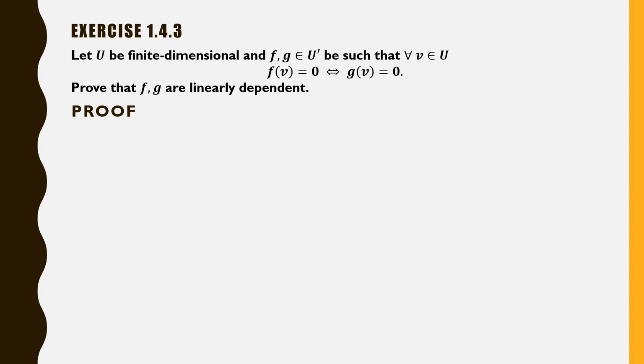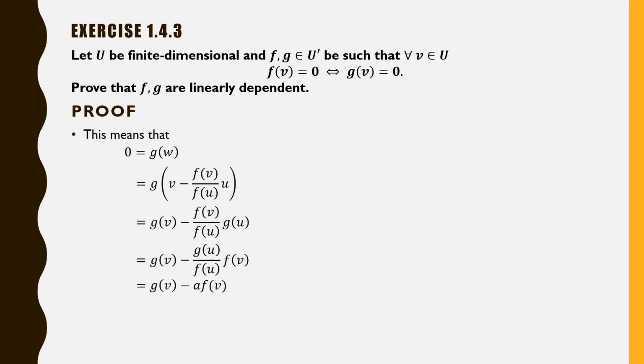Now let's take that fact and see what we can do with it. Because 0 equals G of w, if we plug w back into that equation and now have G act linearly on it, what we'll find is that when G pops through linearly, we get this here.